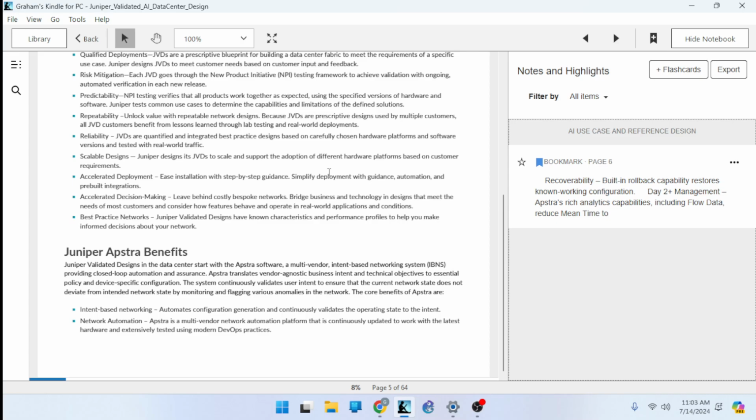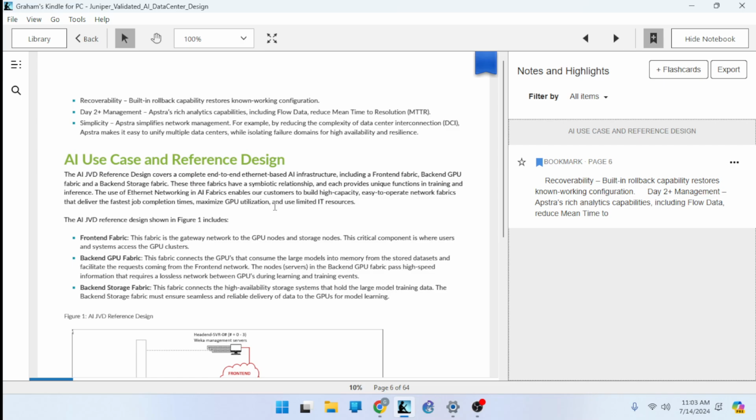The core benefits of Apstra are intent-based networking, automates configuration generation, and continuously validates the operating state to the intent. Network automation. Apstra is a multi-vendor network automation platform that is continuously updated to work with the latest hardware and extensively tested using modern DevOps practices. Recoverability, built-in rollback capability, which I love about Juniper, restores known working configuration. Day 2, commit confirm. Day 2 plus management.